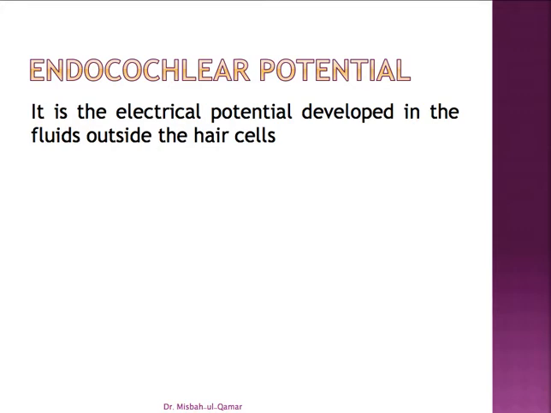There is a difference of electrical voltage between two fluids even, and that difference is around 80 millivolts. Now we will see how the endocochlear potential is generated and what the cause for its generation is.